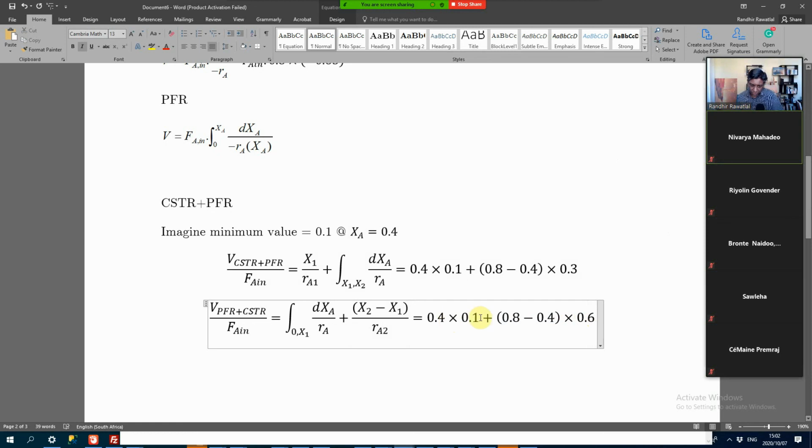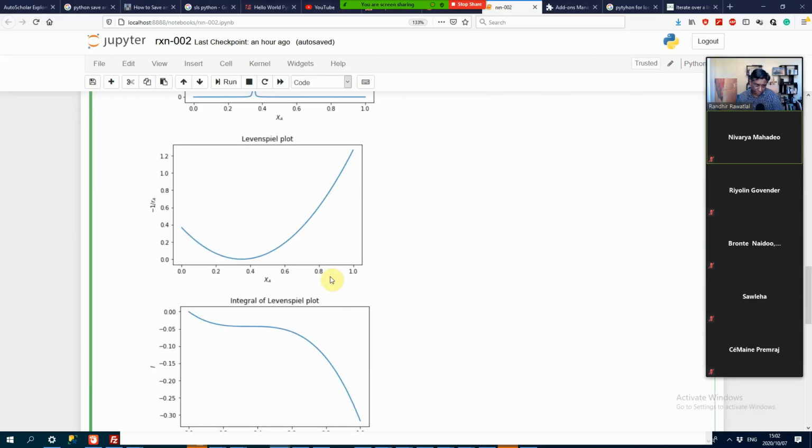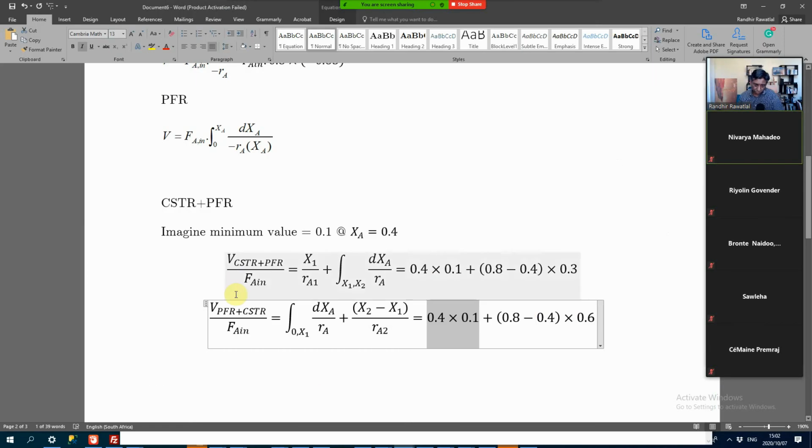Okay, and then we need to estimate the PFR part. So this is the area from 0 to 0.4, so it's the area of this triangle here. And you can say that the average height here is about 0.18, and that's 0.4. So 0.4 times 0.18.